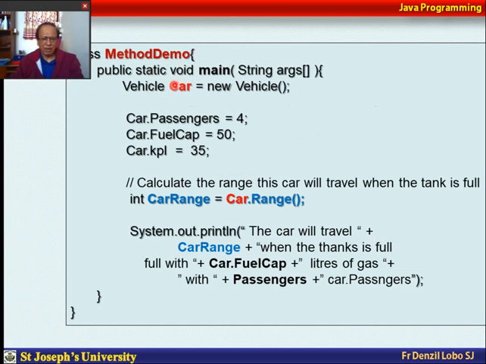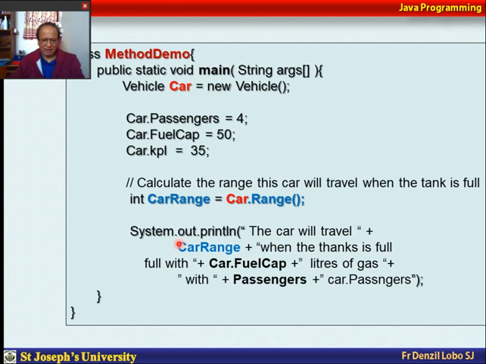Again, method demo. I've created a new object called car, and assigned the same numbers here, and I've got car range. This time it is returning, so car range is returned. This car range variable contains the range of this car, the number of kilometers it is going to cover.